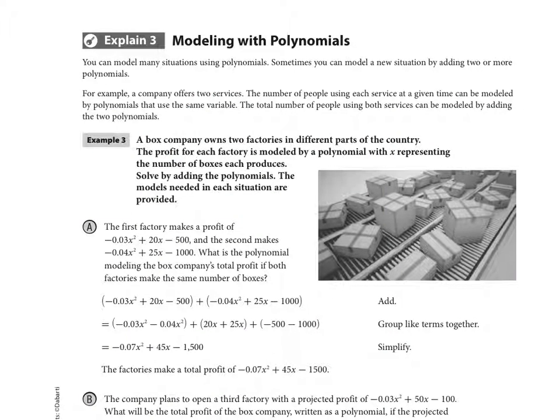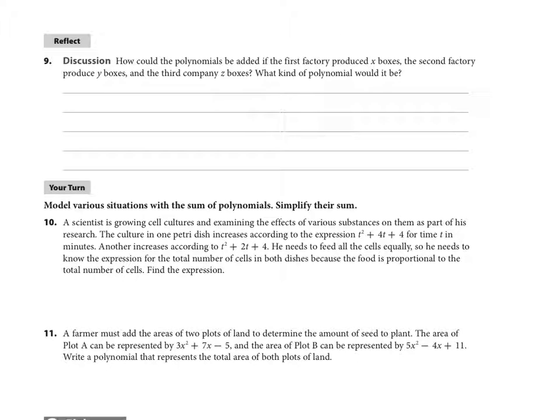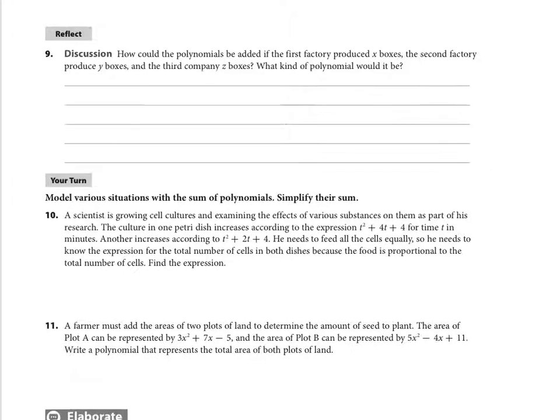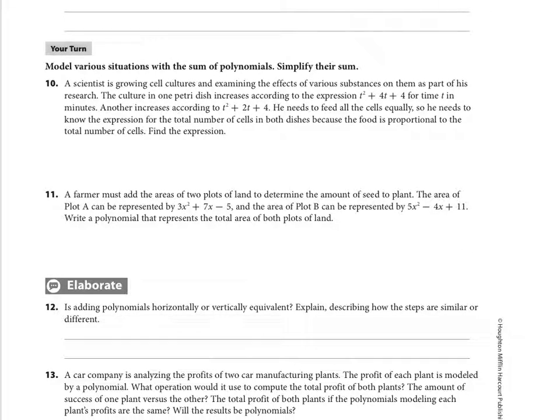So here we have a word problem example. I'm going to skip example 3a because, again, this is one that's worked out for you. And I'm going to go to the your turn problems. And I'm going to do problem 10 with you here real quickly. A scientist is growing cell cultures and examining the effects of various substances on them as part of his research.